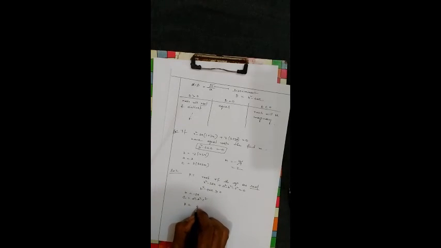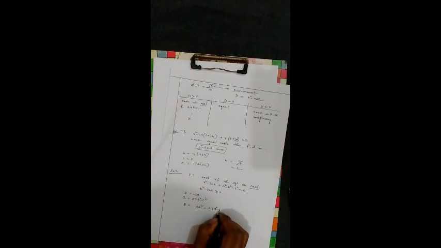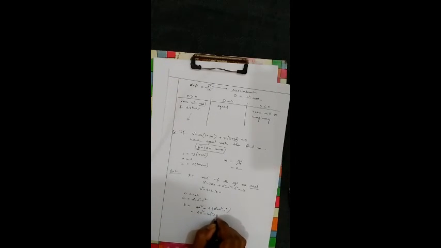Here b is equal to minus 2a, c is equal to a square minus b square minus c square, a is equal to 1. So D equals 4a square minus 4 times 1 times (a square minus b square minus c square), which is 4a square minus 4a square plus 4b square plus 4c square.